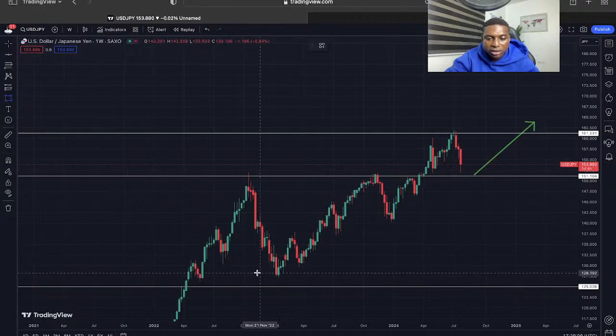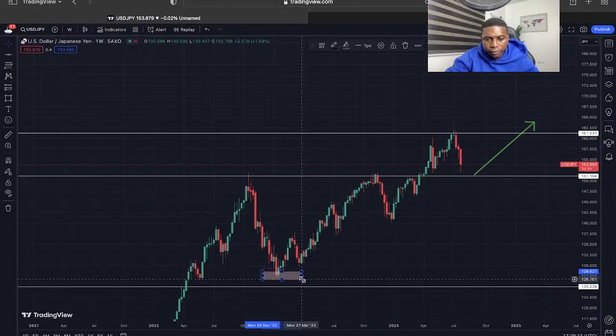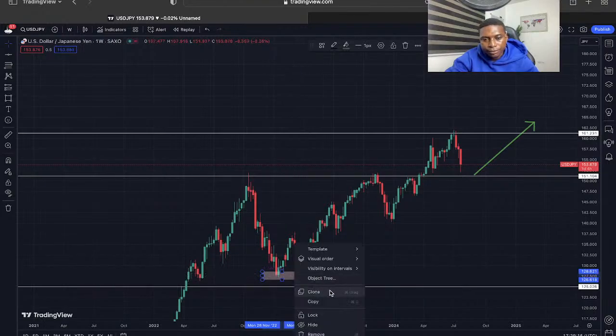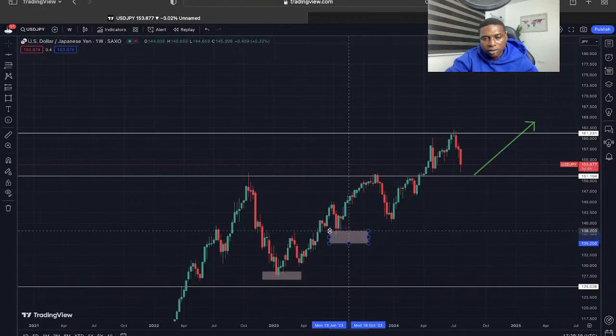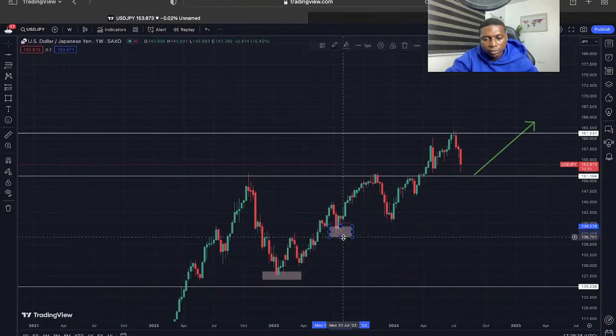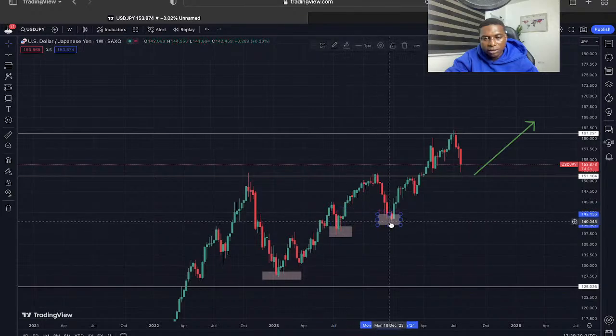So here we can see a retracement here. You can see another retracement here. We can see another retracement here.